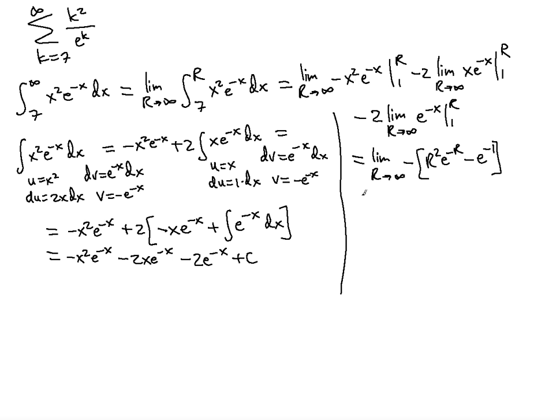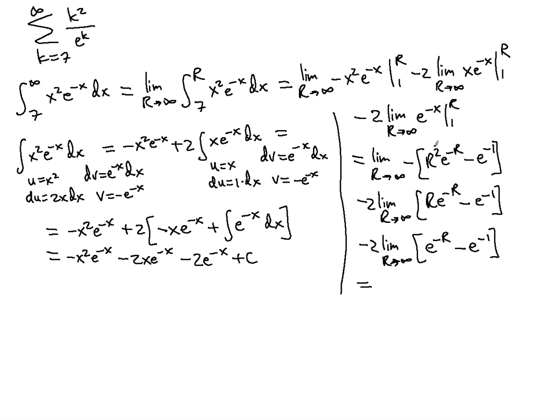Minus 2, the second term, the limit as r approaches infinity of r e to the negative r minus e to the negative 1. And finally the last term, minus 2 limit as r approaches infinity of e to the negative r minus e to the negative 1.